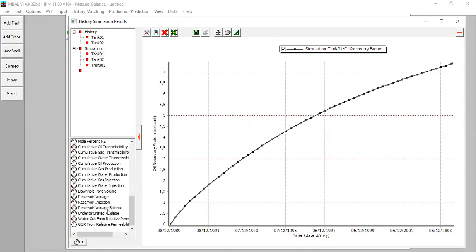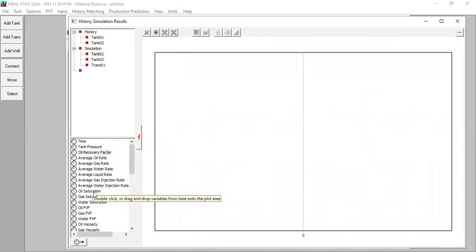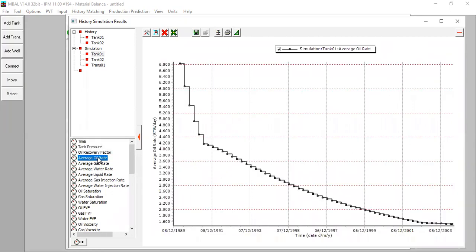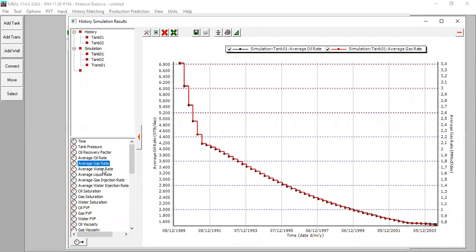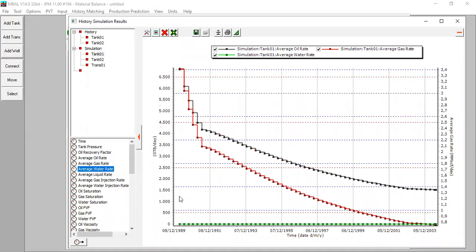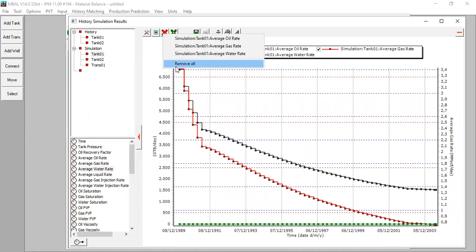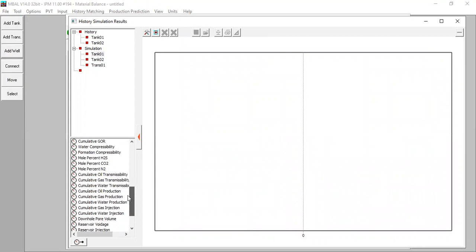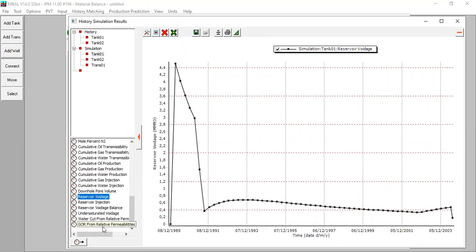You can also plot others. If you want to show the average oil rate, average gas rate, average water rate, there is no water. And then the reservoir voidage.